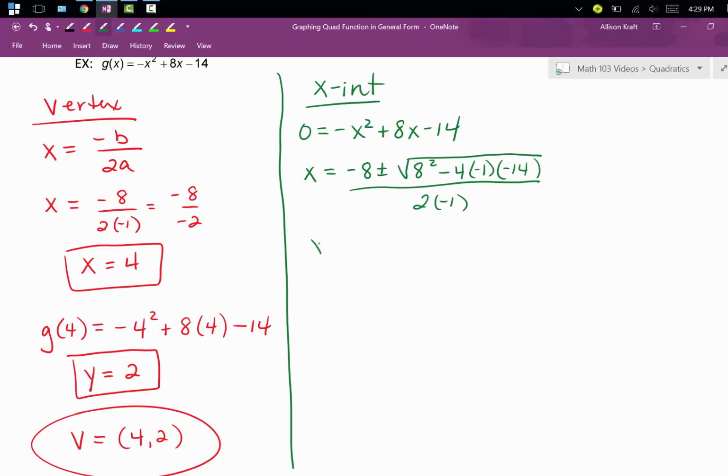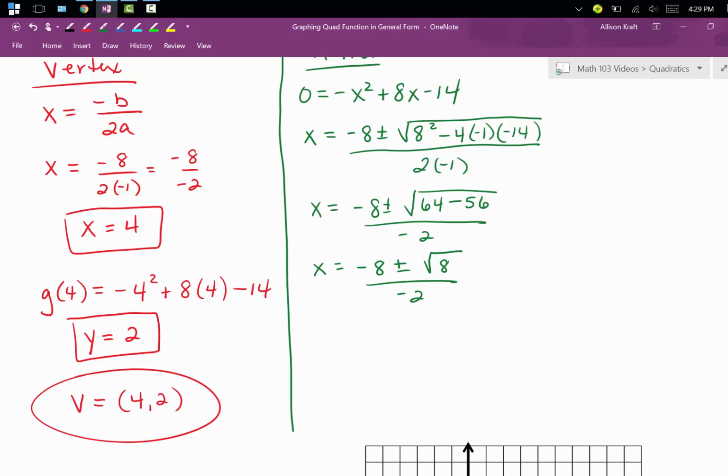Cleaning up underneath of our radical, we're going to get 64 minus 56. It's negative 8 plus or minus the square root of 8 over negative 2.